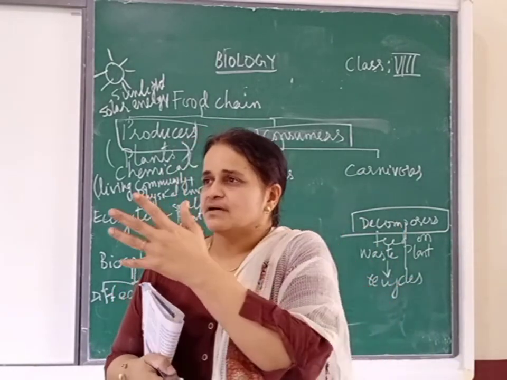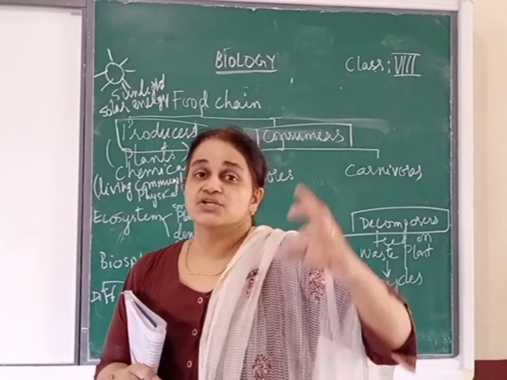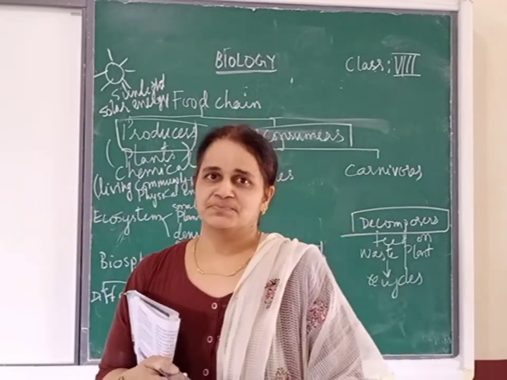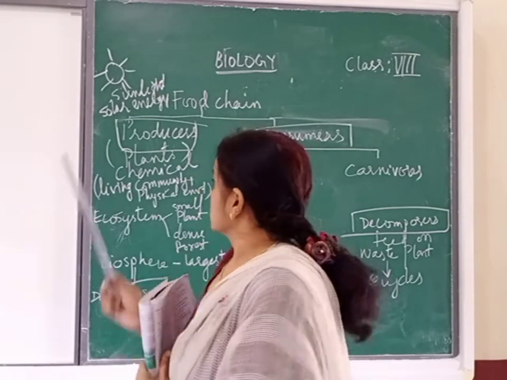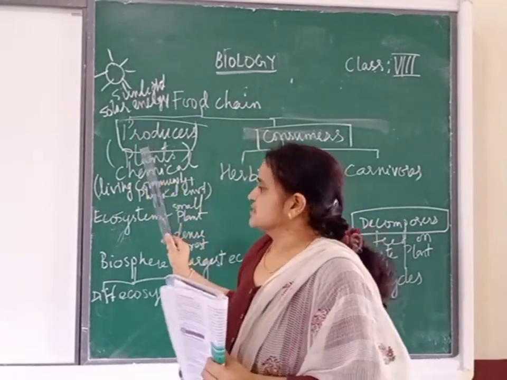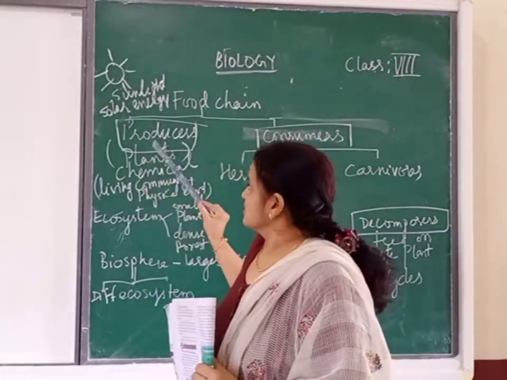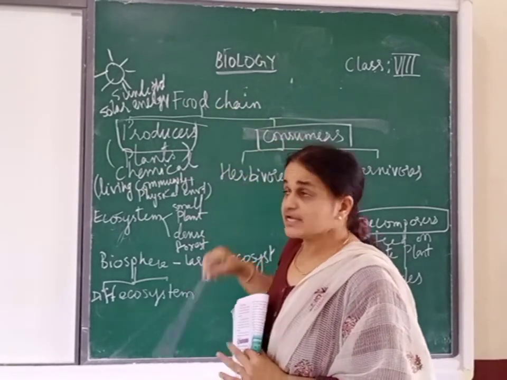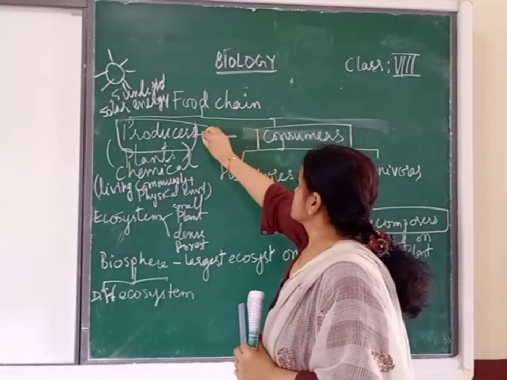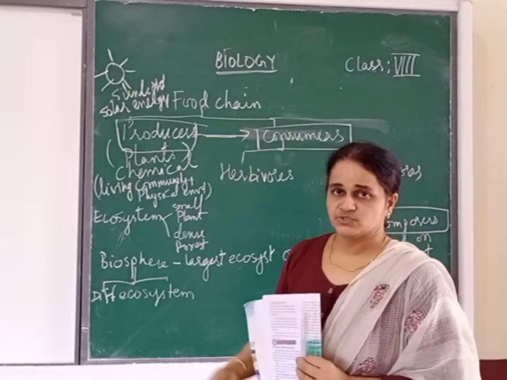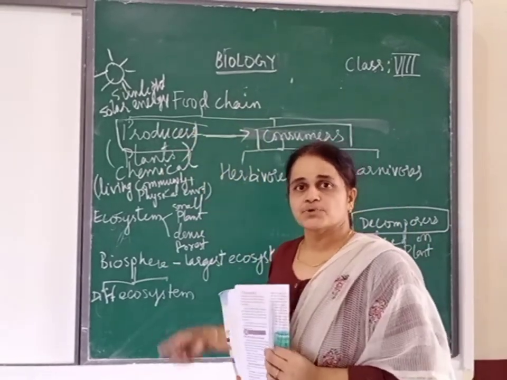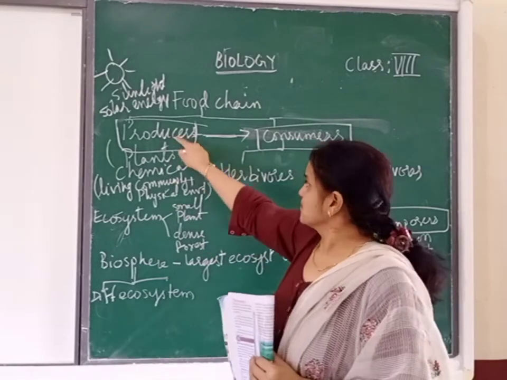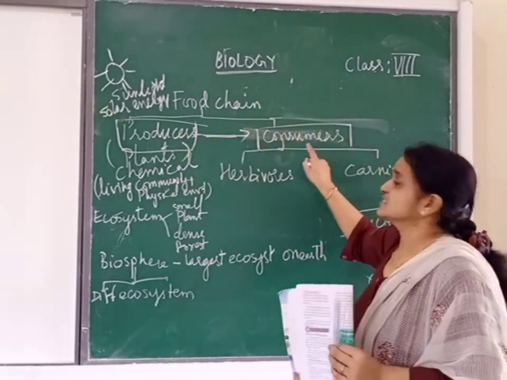Some organizations are utilizing solar energy. Here solar energy is being used by these plants for the production of food. That means solar energy is getting converted into chemical energy. Later on it goes to the second level. So which is our first level? Producer. From producer it will go to the next level, that is consumer.